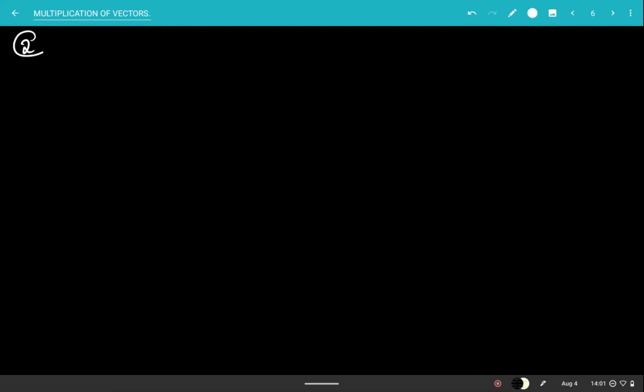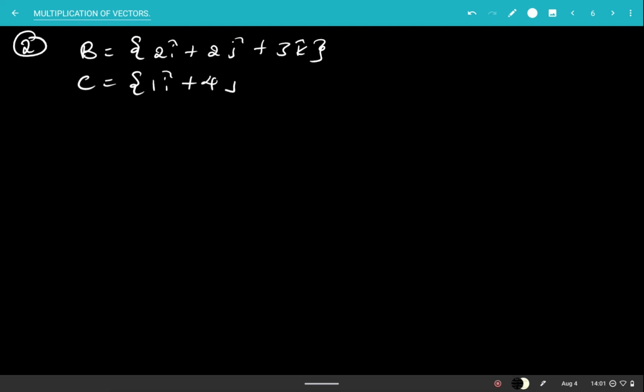Let's say you also have B, which has the components 2 in the i plus 2 in the j plus 3 in the k. And C has 1 in the i plus 4 in the j minus 2 in the k.